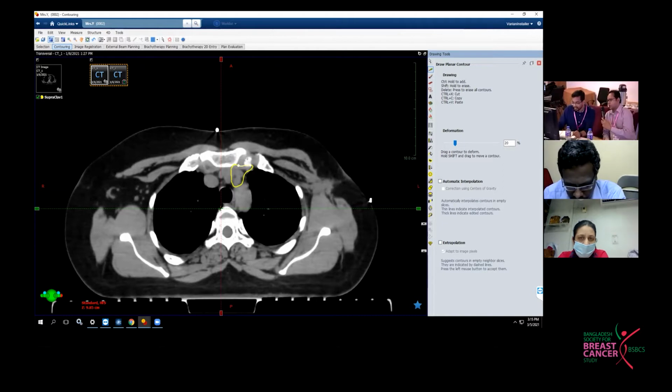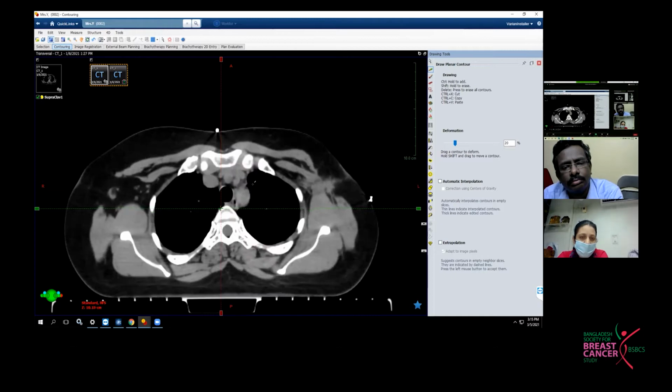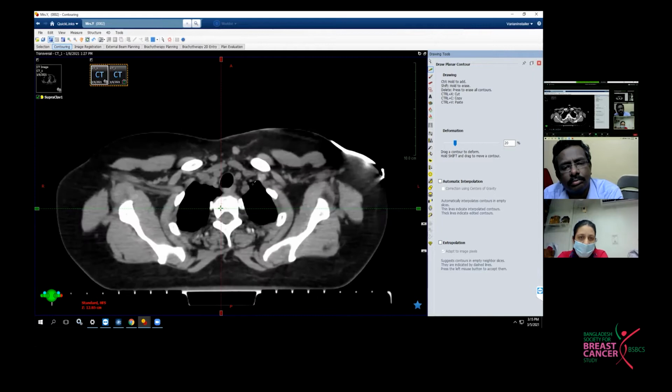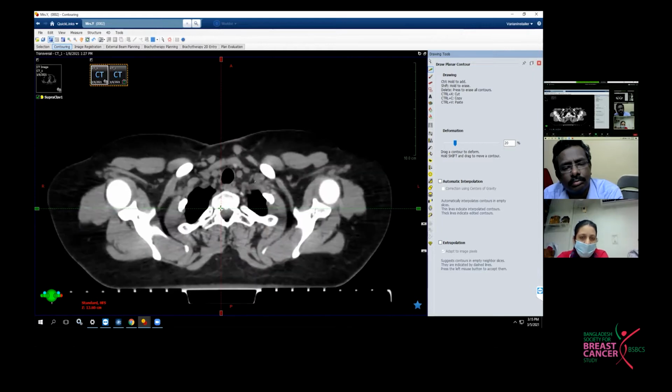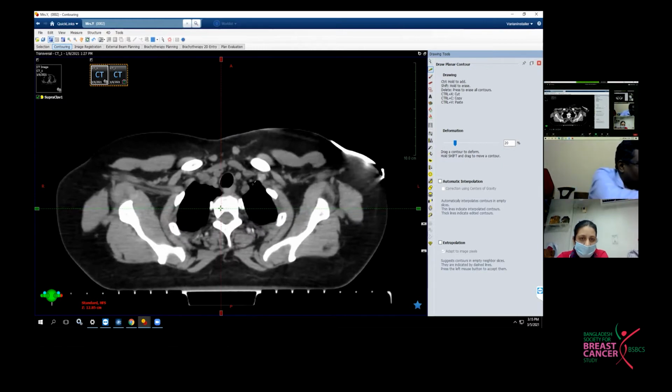Caudal border, I mean, where we are finishing the supraclav. Yeah, quite low. So can you go to the middle of the volume so that we can identify more structures? Just a minute. Go down.